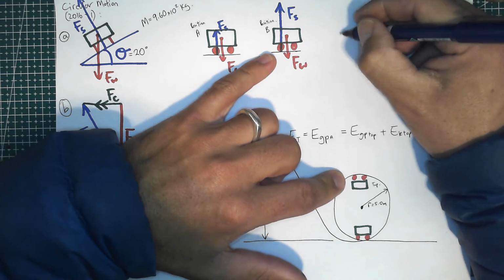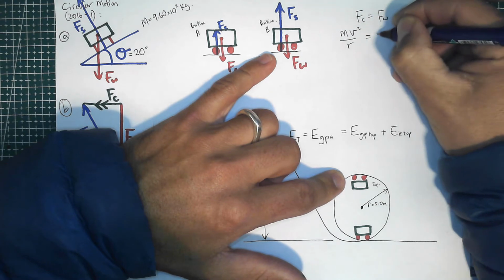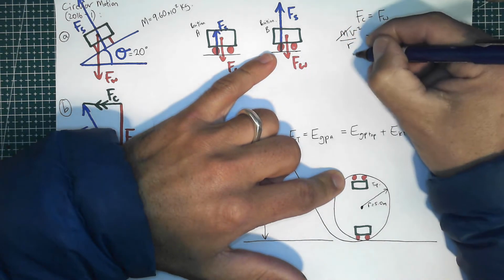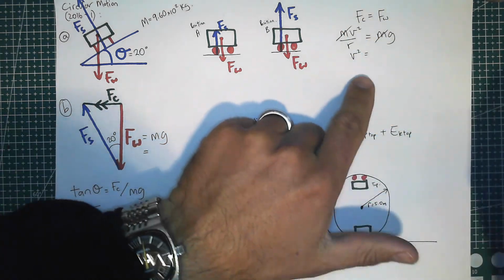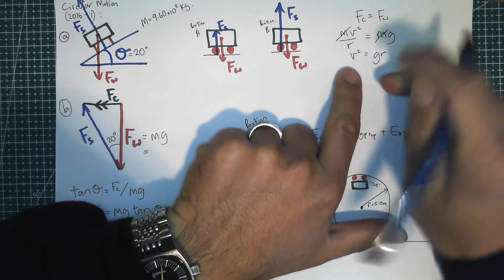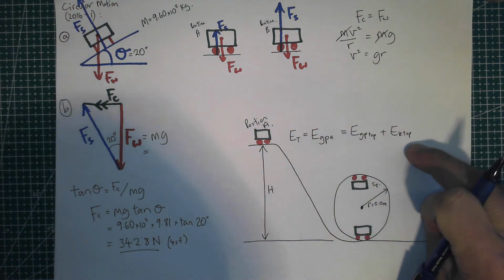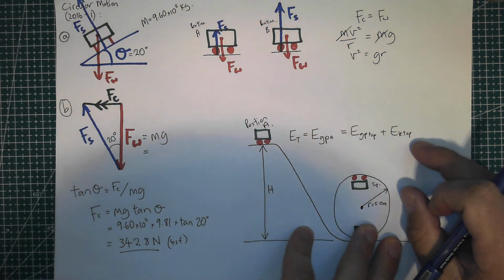So we're going to do that same thing, which we've done a lot in these problems, is equate these two equations together. The mass of the cart cancels out, and then we're going to rearrange it. The reason I'm leaving it like this is because leaving it as v squared is going to be helpful, because that's going to go into the EK equation down here.